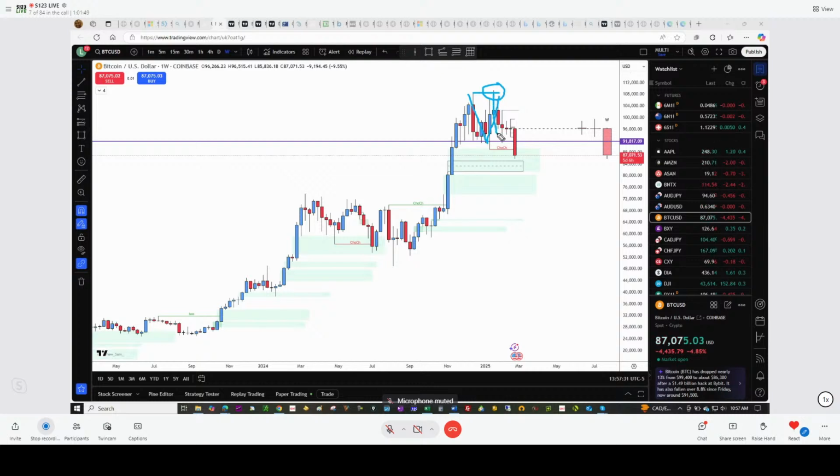And then we're getting an A, B, C correction coming back down. That's a possibility. That could take us back down into this area. We don't really want to see that. I'd like to properly see a bounce here and continue this way, rather than a big drop down into 60,000 and so forth. So two scenarios there, right?